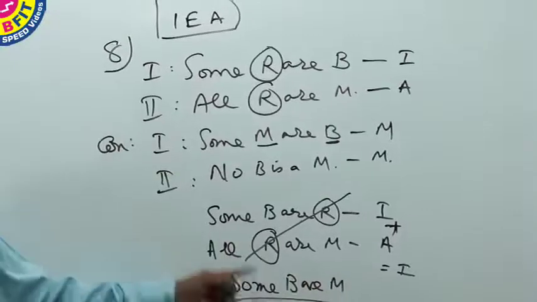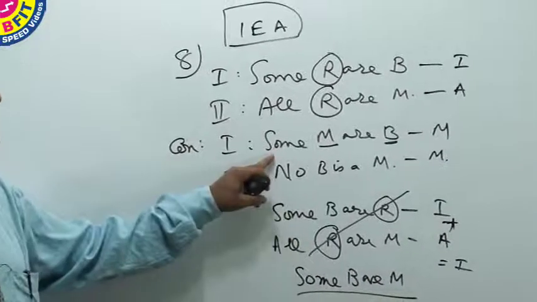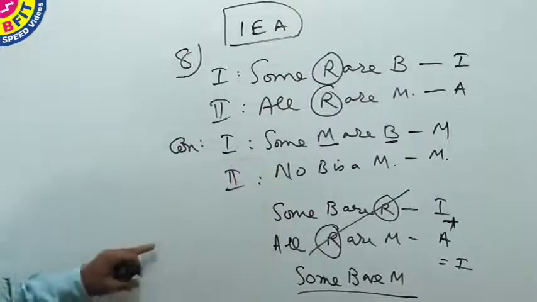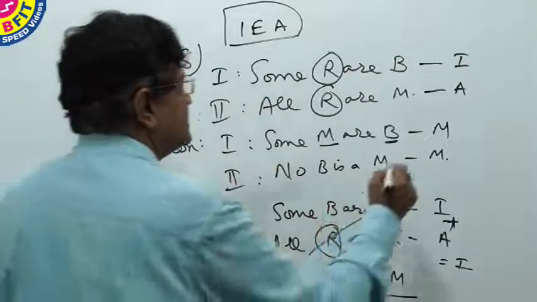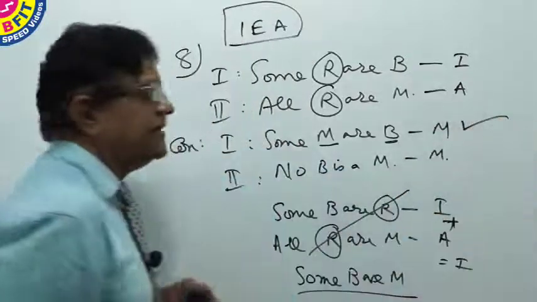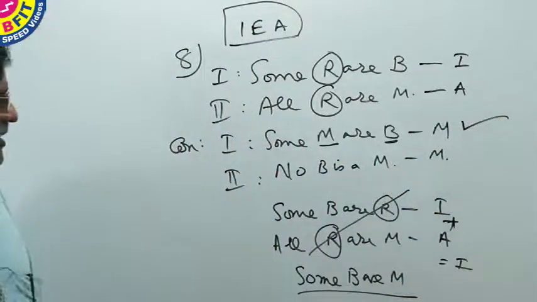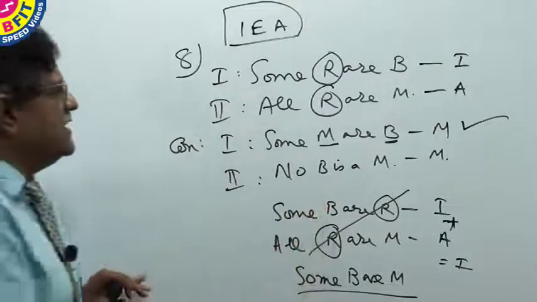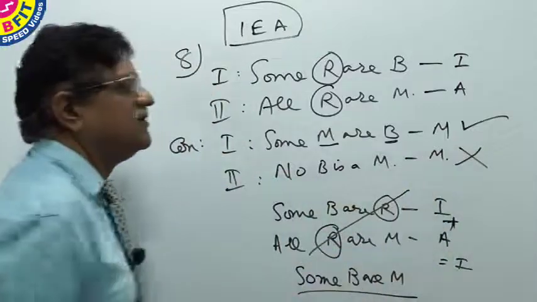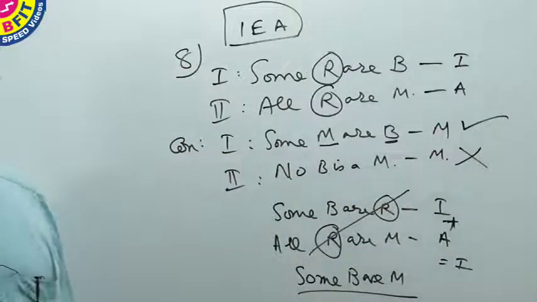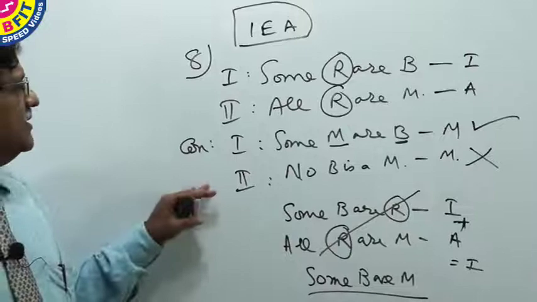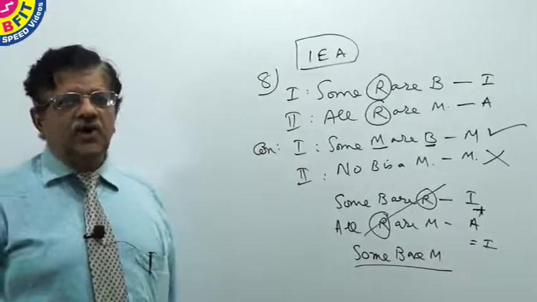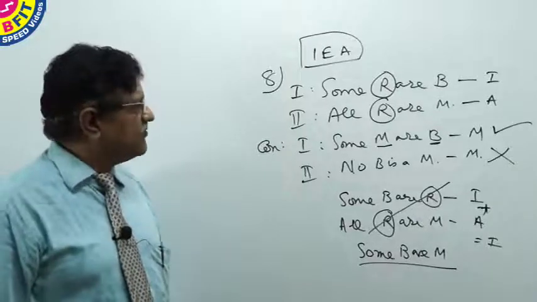When some B or M, the converse of it is some M or B. From this we can derive conclusion 1. Therefore, conclusion 1 is valid. The only conclusion we can draw is some B or M. Therefore, no B is M is false. Therefore, out of the given two conclusions, conclusion 1 alone follows, conclusion 2 does not follow.